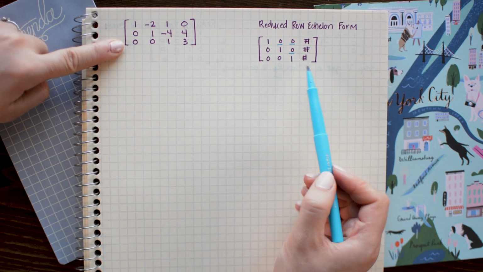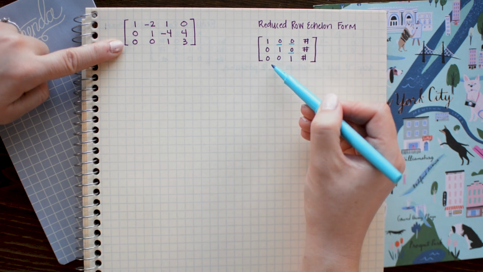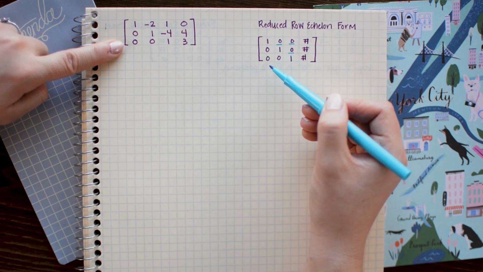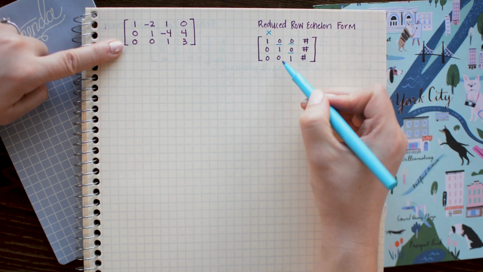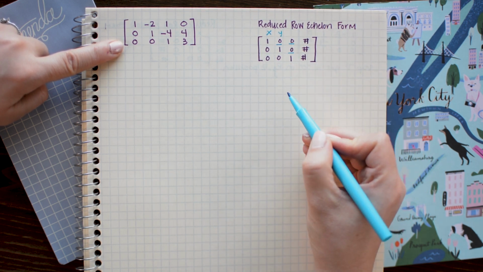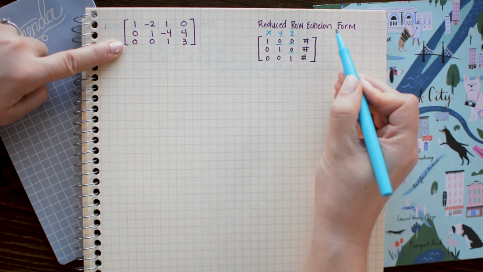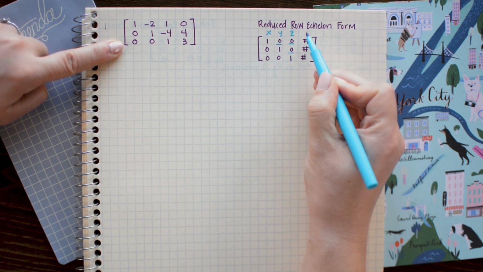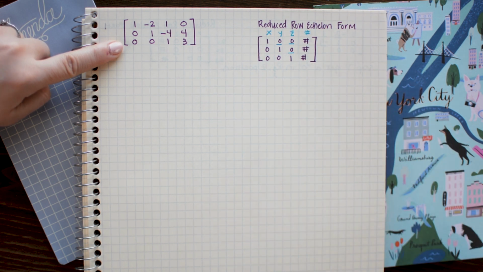This is really handy because if you recall, the numbers in column 1 represent the x values. Numbers in column 2 represent the y values. Column 3 represents the z values. And then the numbers in column 4 are simply the numbers, which will act as our solutions.